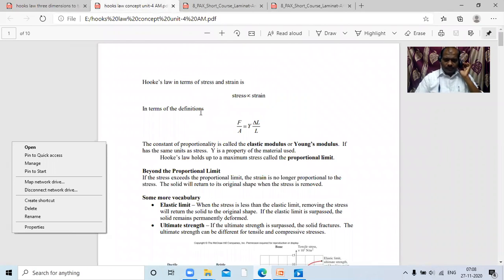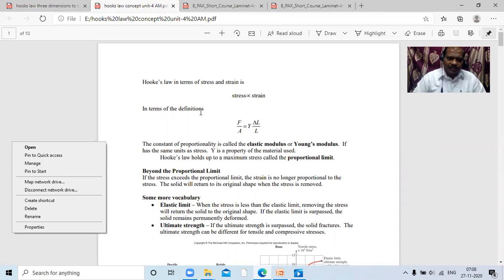Okay, try to understand here, students, Hooke's law in terms of stress and strain. This derivation we have already derived in the previous class. Let us have a glance at the content. Hooke's law in terms of stress and strain: stress is directly proportional to strain.